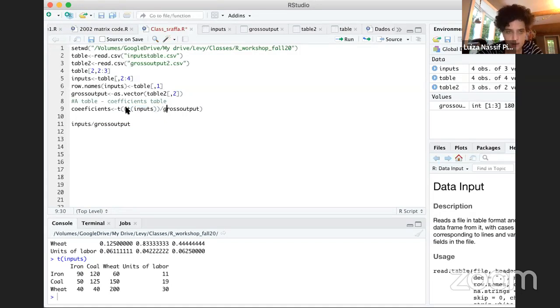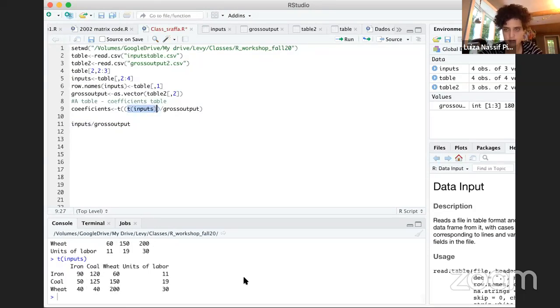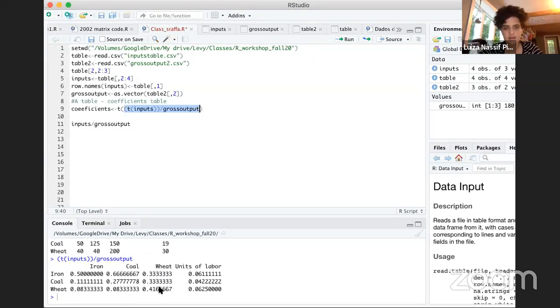But when I do that, T is a transpose. You can see the inputs table looks like this, and the transpose of the units table looks like that, okay? When I divide the transpose by the gross output, then it's going to be correct, but it's looking in the wrong direction. So I need to transpose it back.